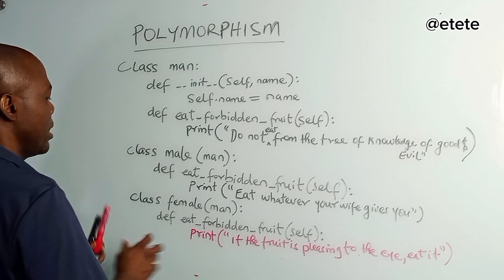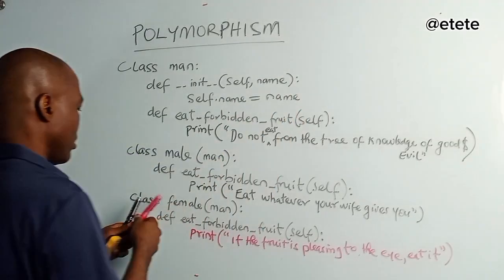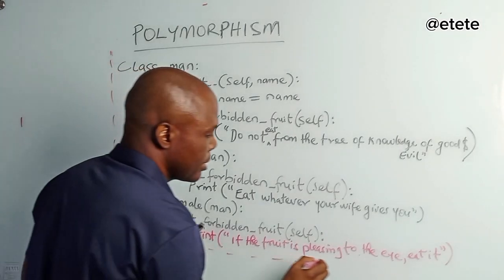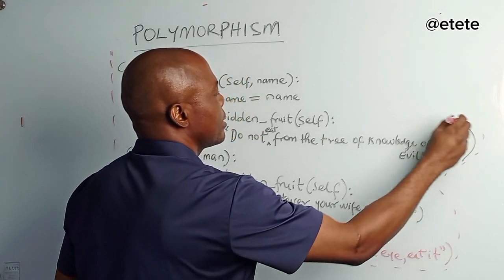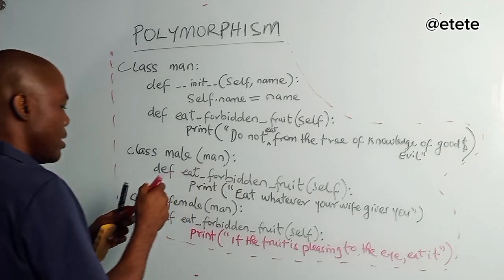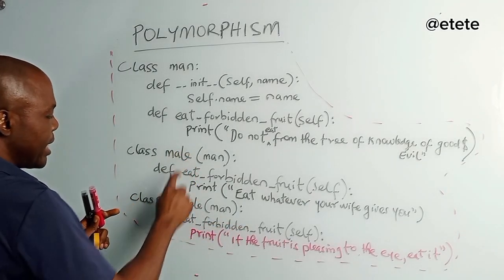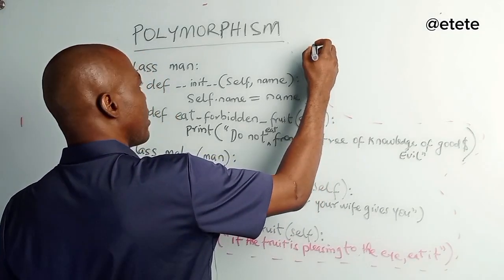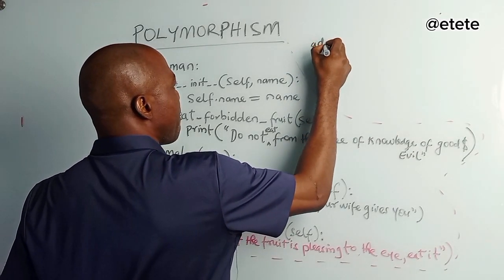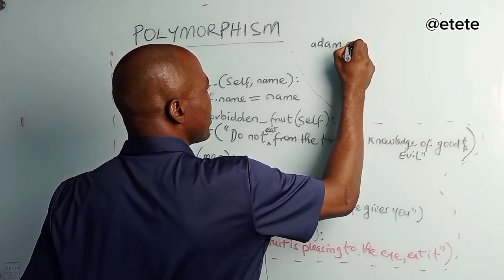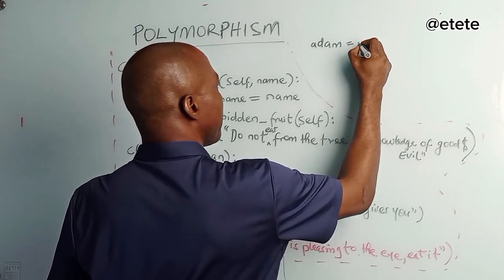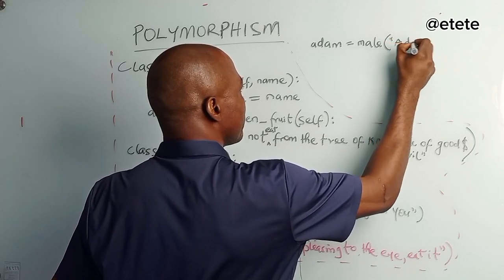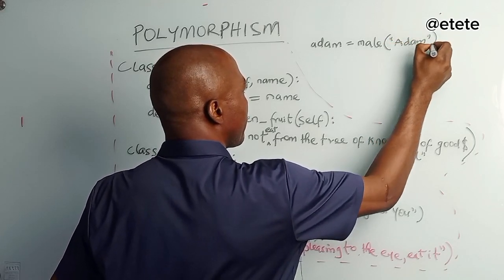So how do we do that? Now I am going to do it here. So this is my class, this is my class created, right? Okay, so I'm going to instantiate this class and this class here. Here I'm going to say Adam, then male, and I will supply Adam to it, right?